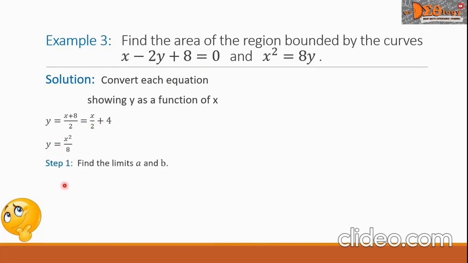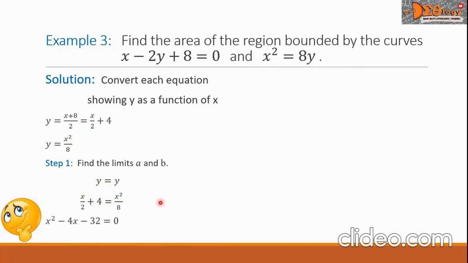Now step 1. Find the limits a and b. Y equals y. So we write the left-hand side to be x over 2 plus 4 equals the right-hand side x squared over 8. Let us multiply this equation by the LCD of the fractions.